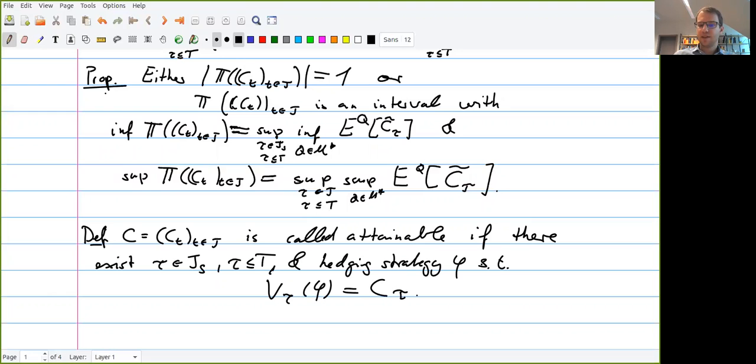So what does it tell us? This is a hedging strategy for the American option, meaning it is always generating a higher payoff, so a higher value.